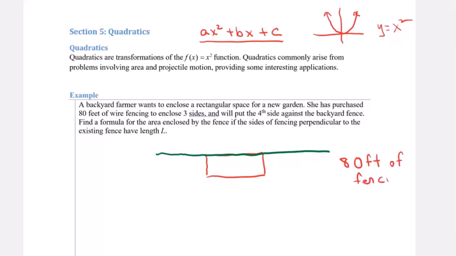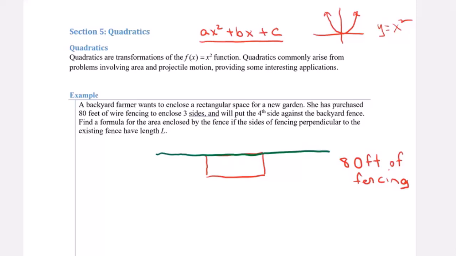Okay? And the more I can draw and the more I can write, the fewer times I have to read this question. So let's just read it one more time to make sure we've gotten everything we've been given so far. A backyard farmer wants to enclose a rectangular space for a new garden. She has purchased 80 feet of wire fencing to enclose 3 sides.